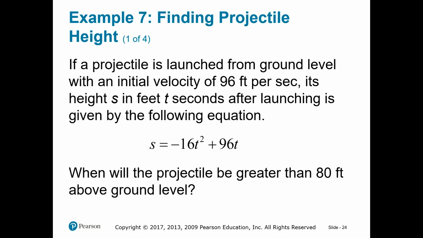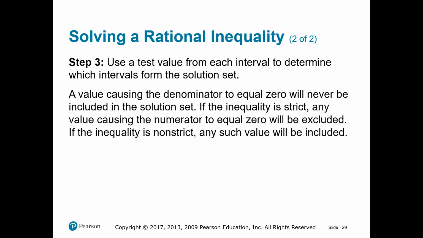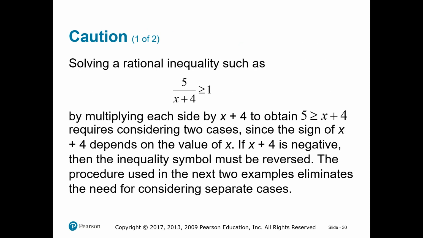Now, we will talk about rational inequality, okay? So these are the steps we need to follow when we are going to solve a rational inequality. The first one is rewrite the inequality if necessary so that 0 is on one side and there is a single fraction on the other side.